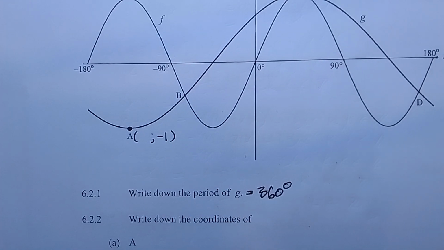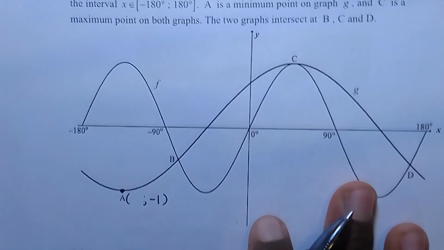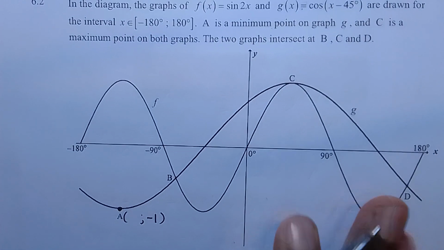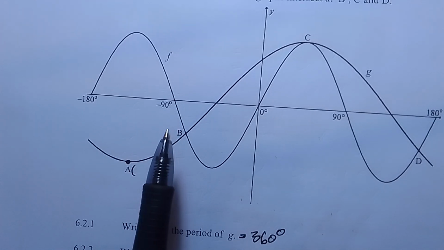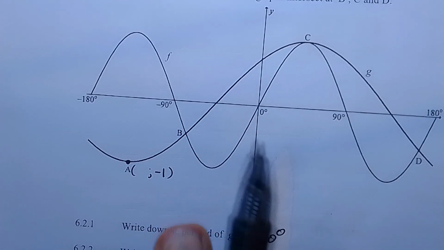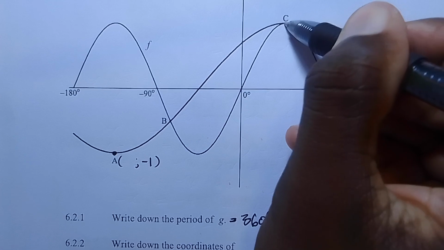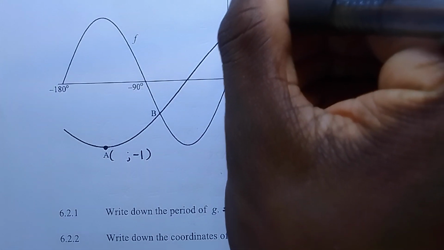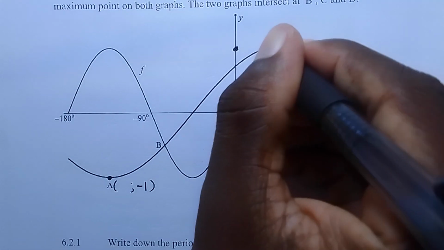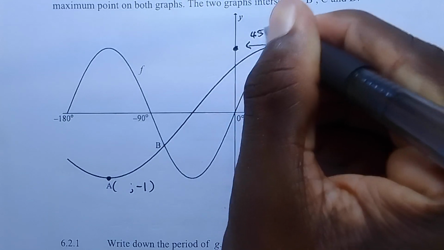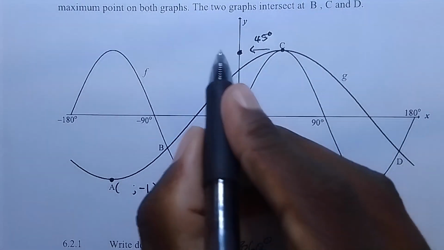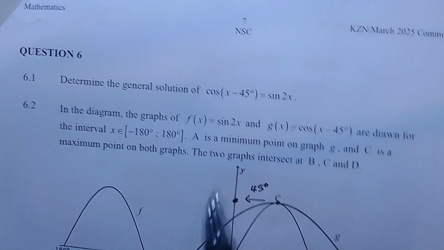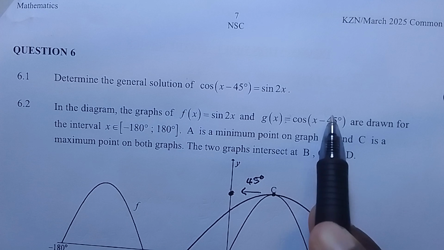The x coordinate you can find in various ways. I think the easiest would be to say the original cosine graph would have this point here shifted by 45 degrees, because the original cosine graph starts like this. So this point would be here. Therefore, we can also tell that by this -45.